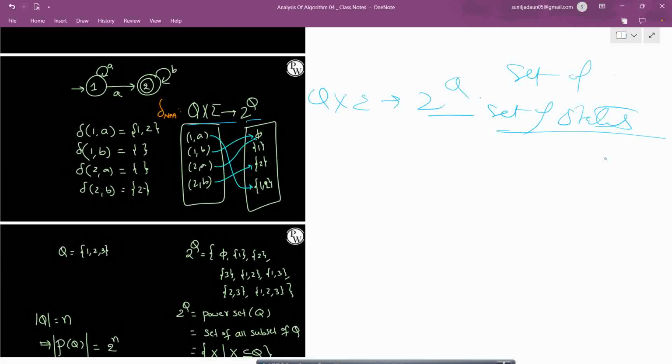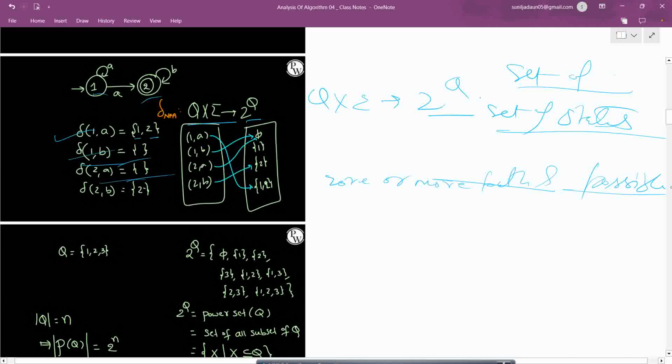So for 1 comma A, it can go to 1 or 2. This is 1 comma B. For B there is no path, so it could be 0 or more paths. Alright, in NFA that is possible.